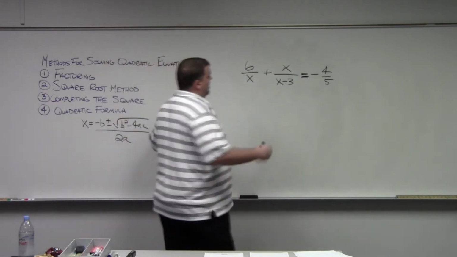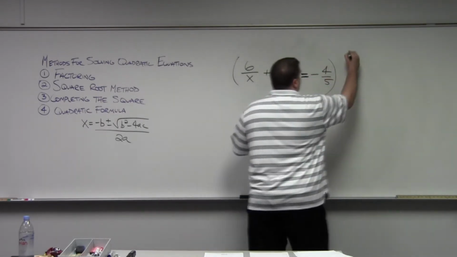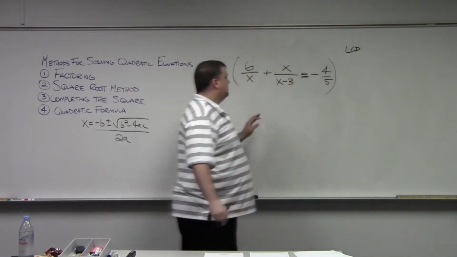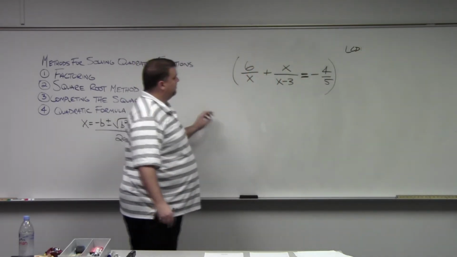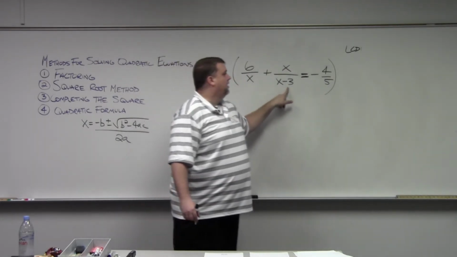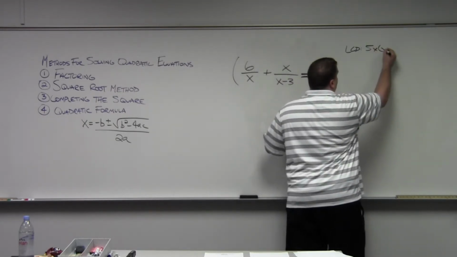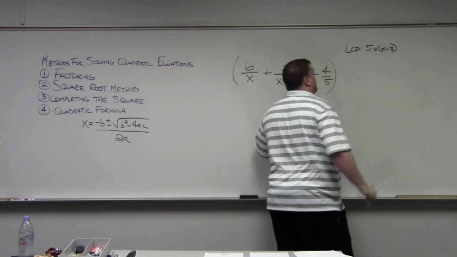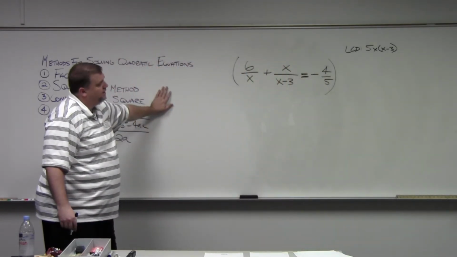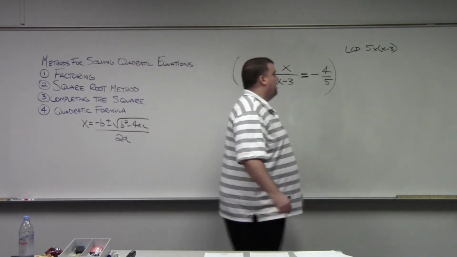Yeah, I could multiply by my LCD. So what would my least common denominator be here? I have 5 and an x and an x minus 3. So my least common denominator is 5x times x minus 3. And we're going to use that to clear our fractions out.